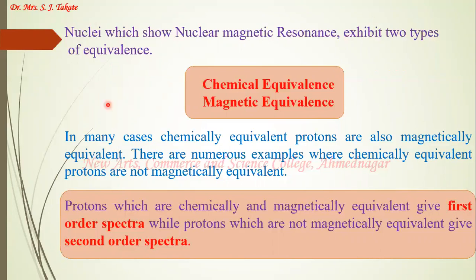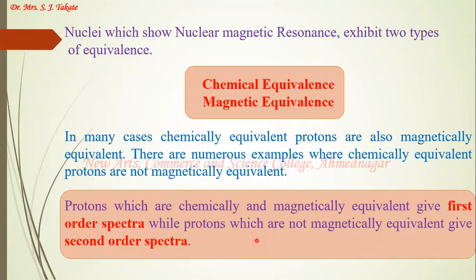Yes. Protons which are chemically and magnetically equivalent give first order spectra. That is, the splitting pattern is observed according to the n plus 1 rule, and the intensities of the signals are according to the Pascal triangle, which we have seen in the case of nuclei with spin quantum number half.